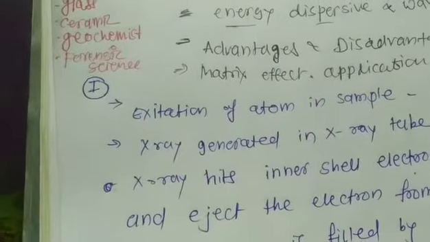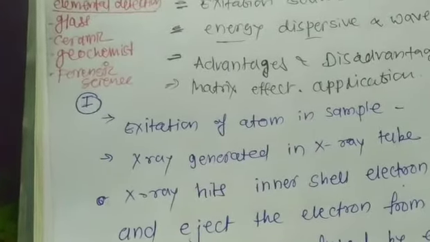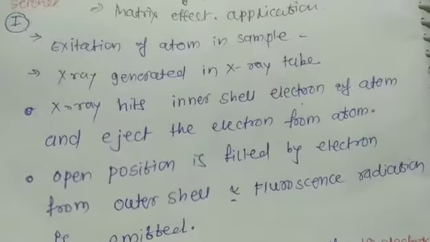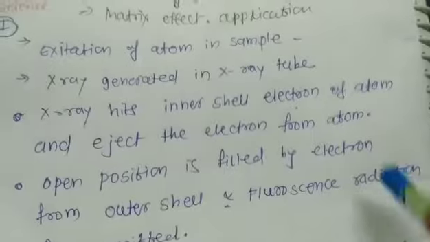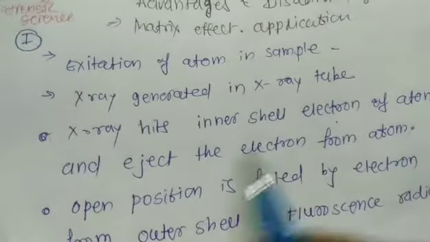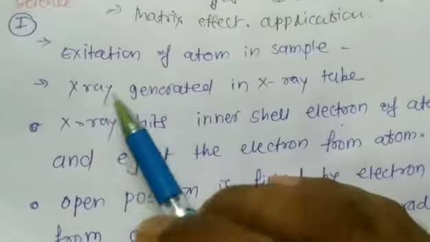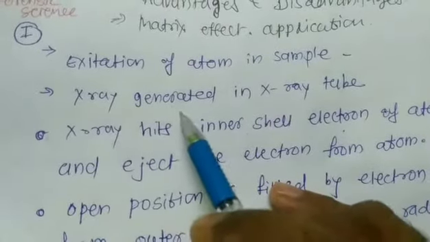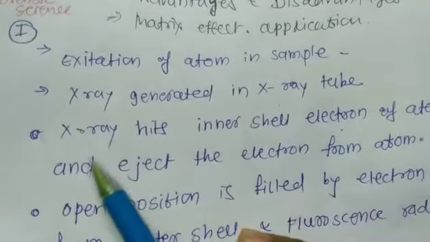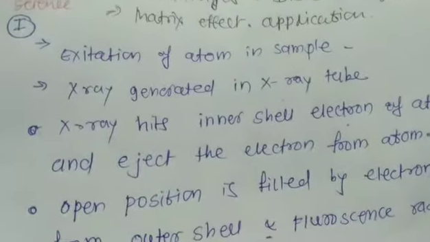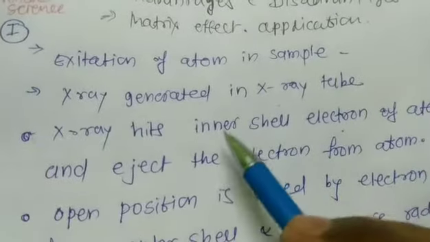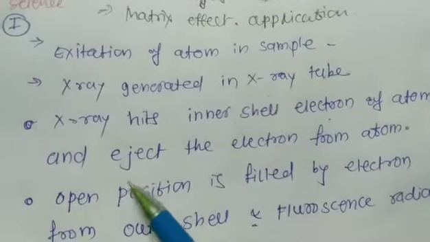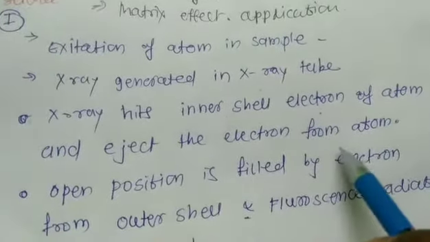When an element or sample is placed, we see the principle of XRF stepwise. First, X-rays are generated in X-ray tubes. Then the X-ray hits an inner shell electron of the atom and ejects the electron from the atom.